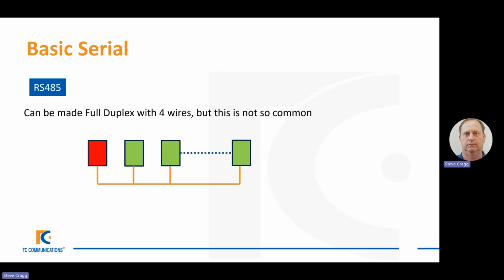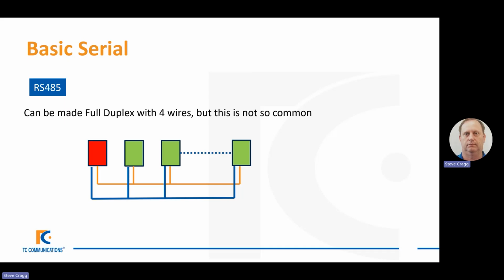Now, it is possible to do full duplex. It's not quite as common, but it is possible. It works exactly the same way, except now we use a separate transmit and receive bus.